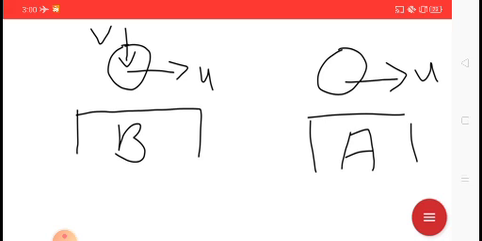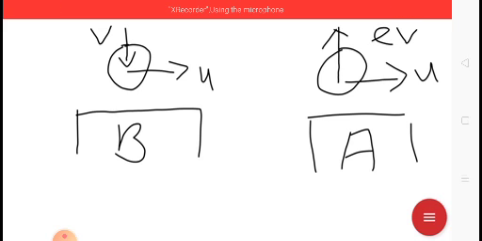But the speed of separation perpendicular to the surface will be equal to e times v, where e depends on the coefficient of restitution.